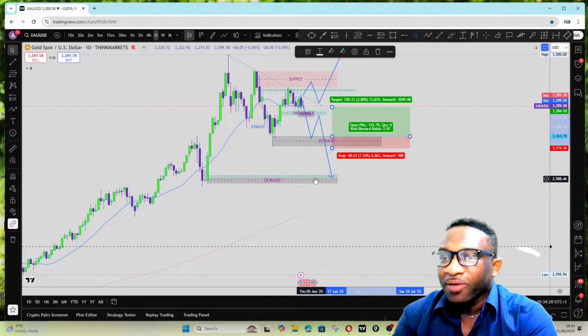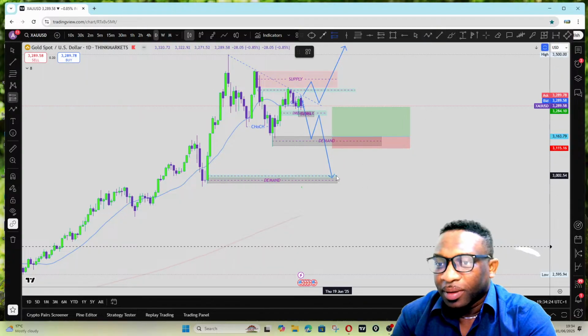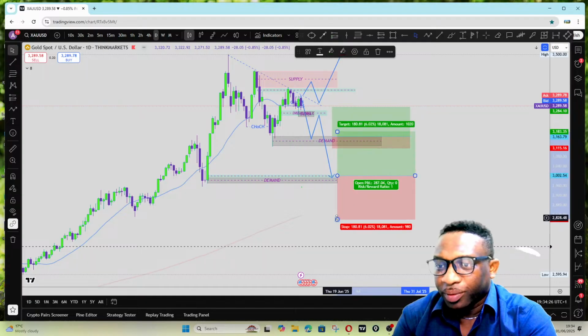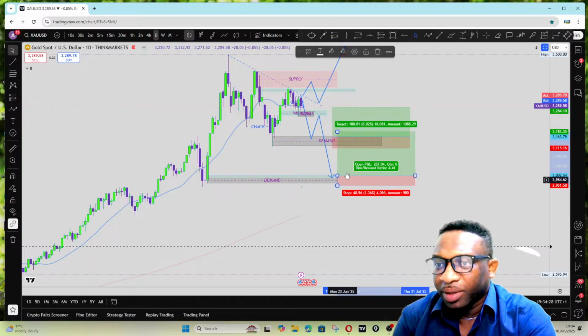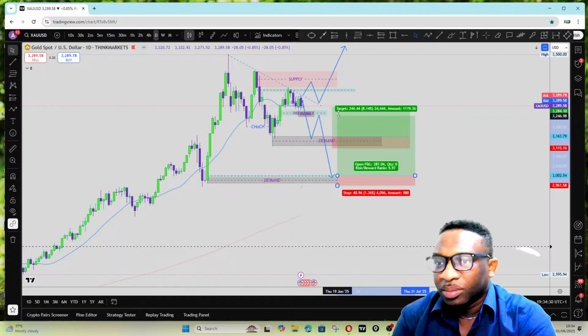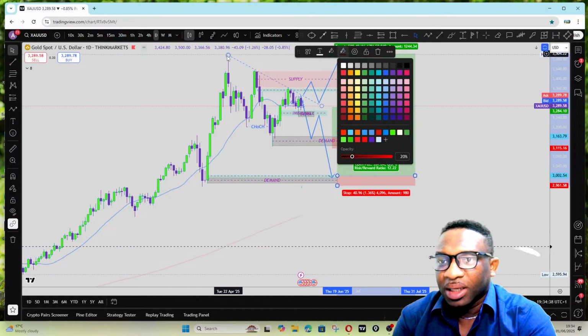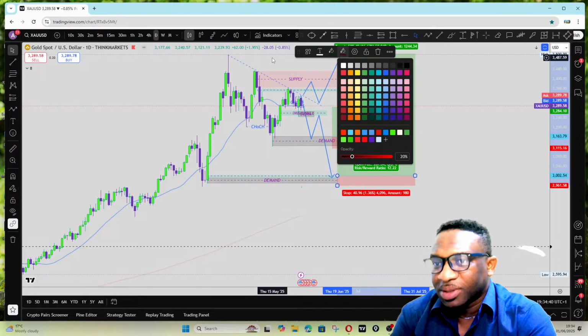So for instance, targeting this area as well, this will be your setup from here, probably to here. So we target the next area of liquidity, which is this point.